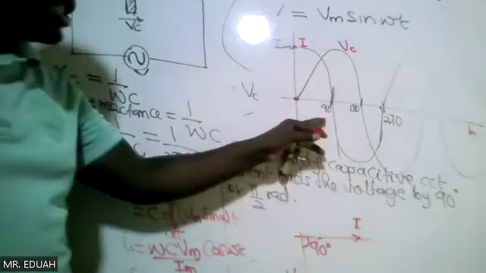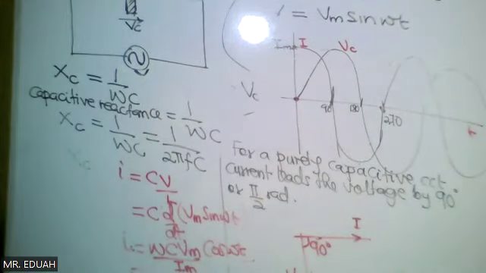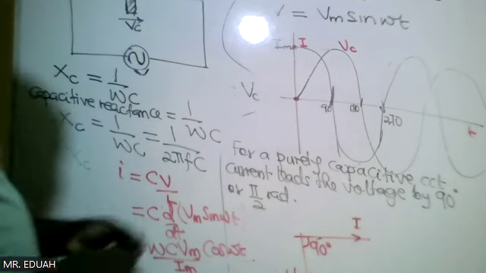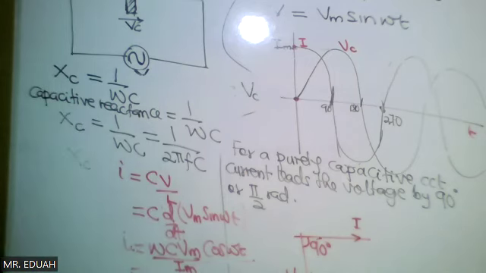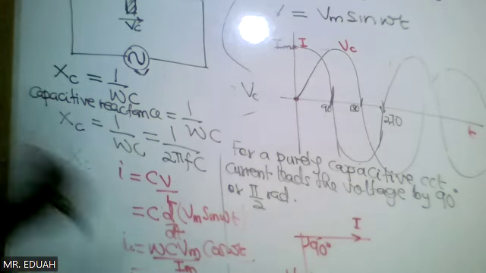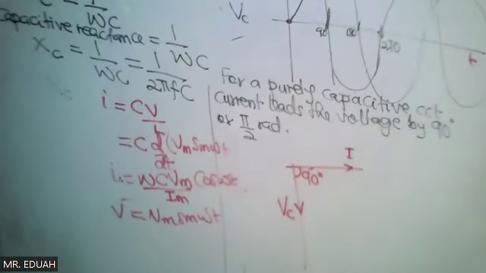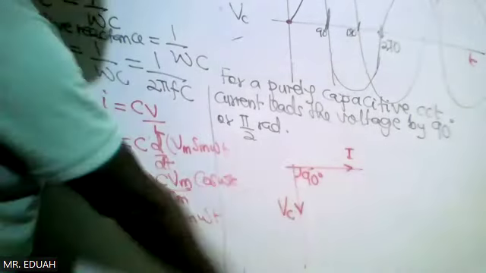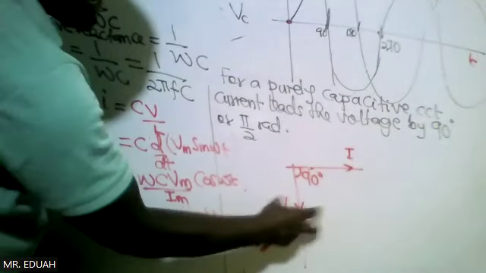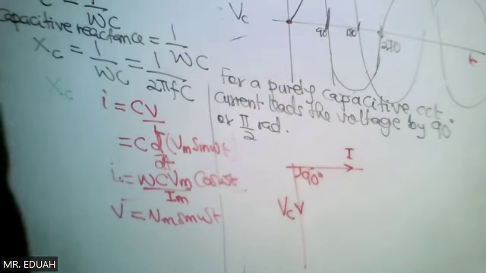Isn't it an indication that the current leads the voltage? So that is what we mean by the waveform, which explains the graphical representation of the relationship between I and VC. In terms of phasor diagram, vectors, current leads the voltage by 90, and the vector representation is what we are saying to be the phasor diagram.